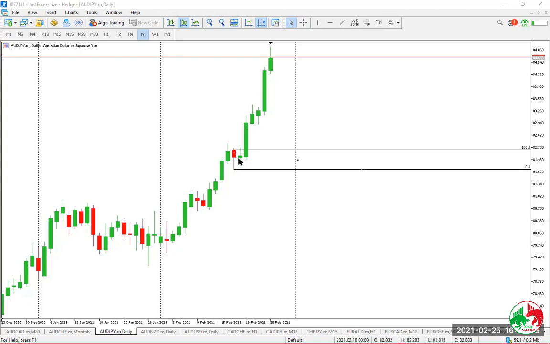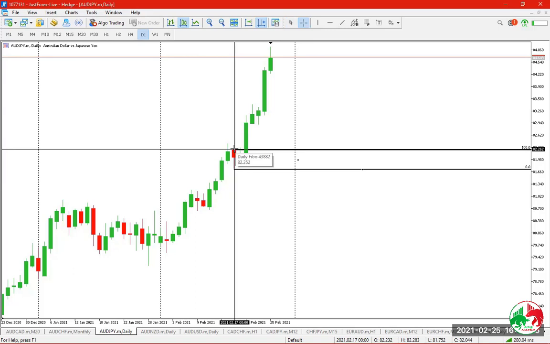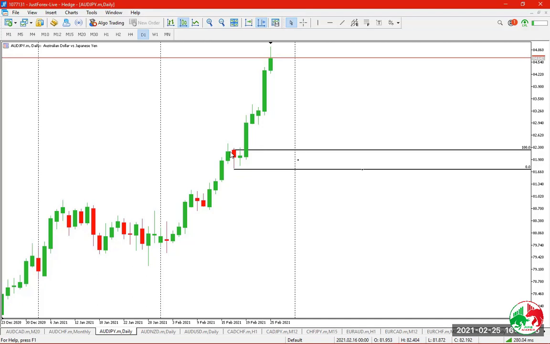Now it took two candles to close above the open price of the last seller. So this is unclean because it didn't take one candle to close above this previous seller.